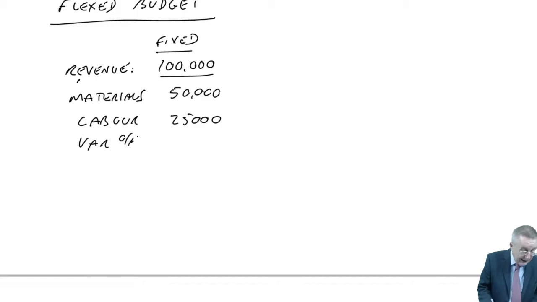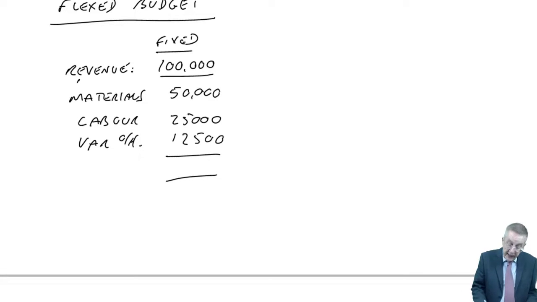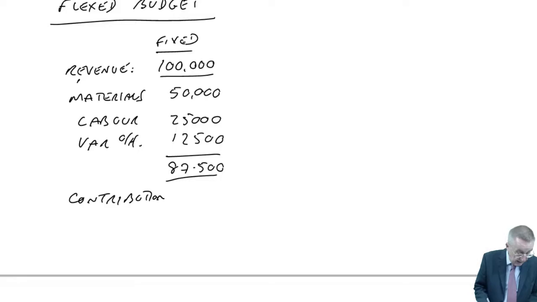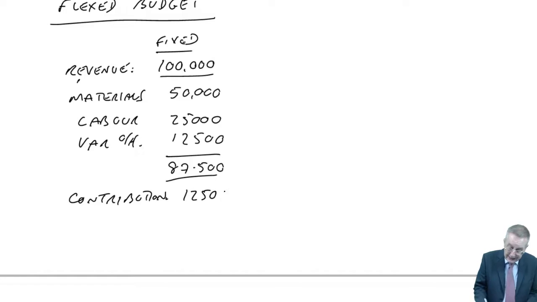Variable overheads, 12,500. And so the variable costs, the original fixed budget, has a total of something like 87,500, and therefore a budgeted contribution of 12,500.